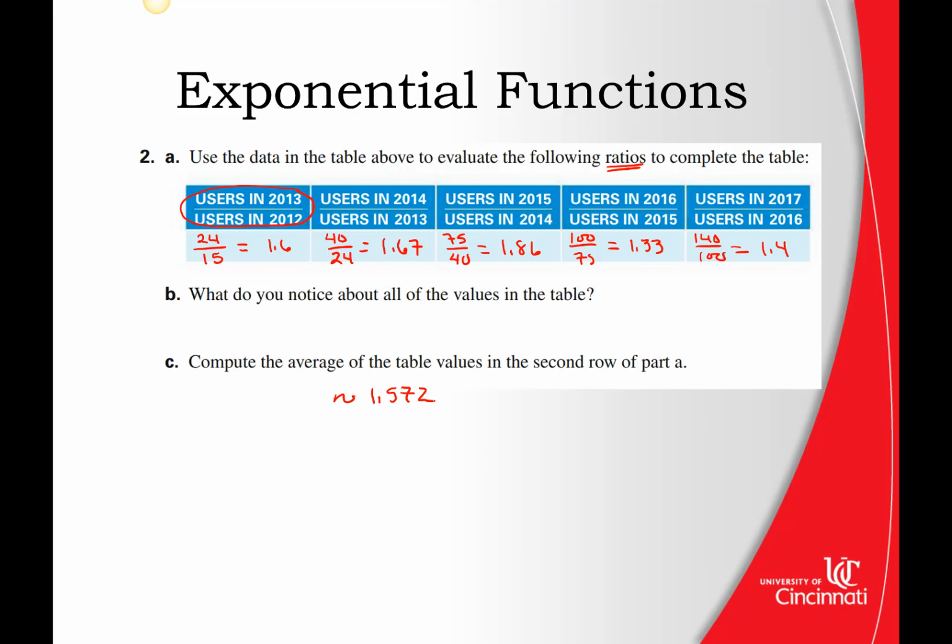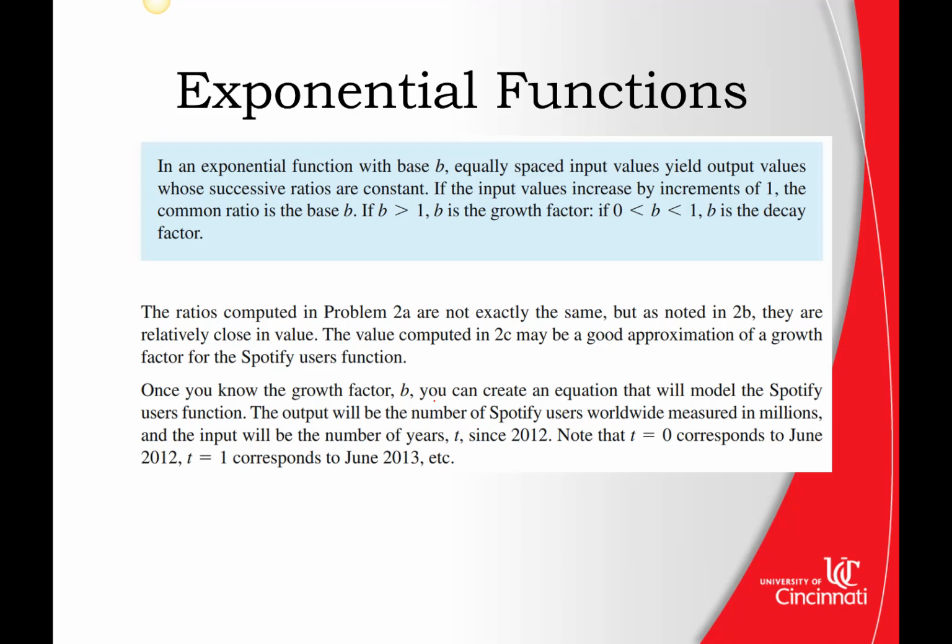Well, what's that 1.572 going to represent? I'm going to write this down so I don't forget it. 1.572 is what we got. Okay. This 1.572 is going to be this growth factor.